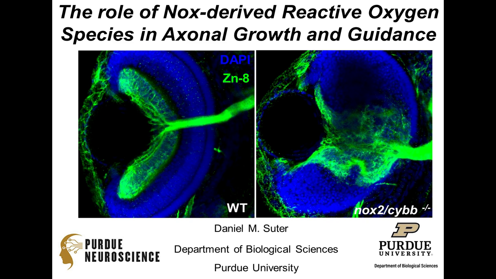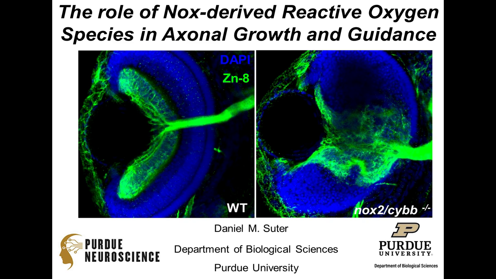On the right side, this looks very different. This is a section through the eye of a corresponding Nox2 mutant. So this fish doesn't have any functional NADPH oxidase 2. This enzyme produces superoxide. So this eye is completely different.